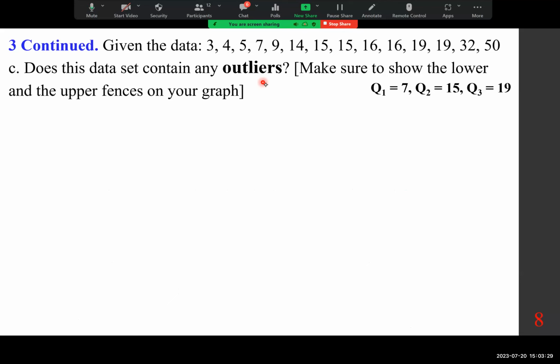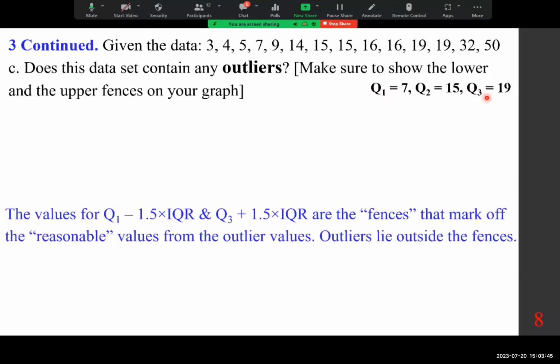Sometimes when you look at the data, you can figure out what's an outlier because it's way out. But how would you know precisely? By the way, I wrote the information from the previous page, Q sub 1, Q sub 2, and Q sub 3. And so here's the definition, everybody.